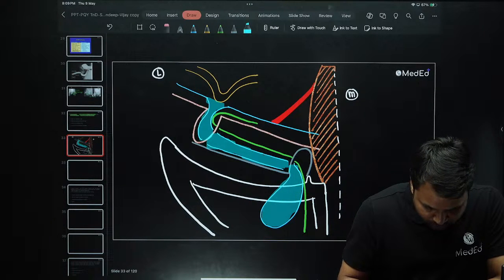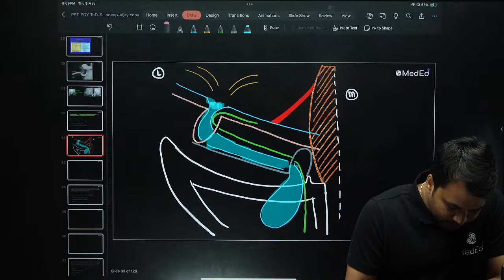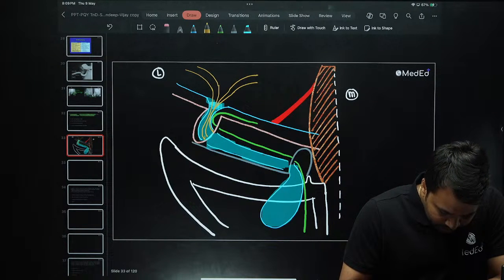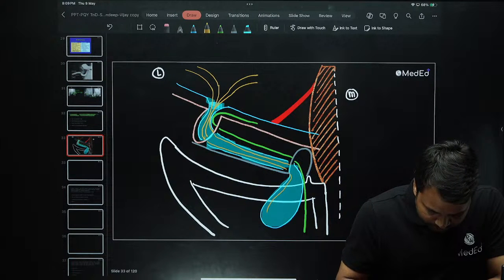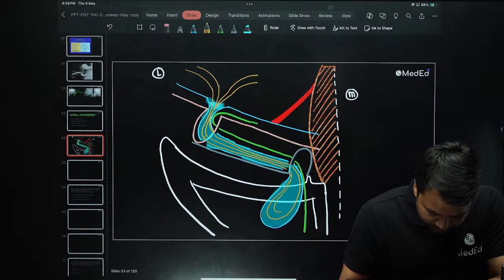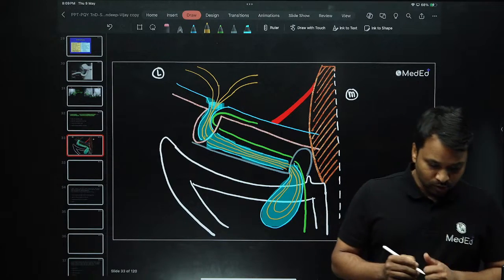It is outpouching because of the bowel exerting pressure on it. Along with this, the bowel that is present here will also travel. It could be bowel, it could be omentum. I'm just giving you a component here, and this component is going to travel all the way into the sac, and then you see the content is being delivered into the sac, right? So, this is how an indirect inguinal hernia is going to look.